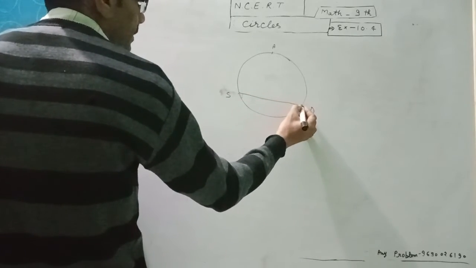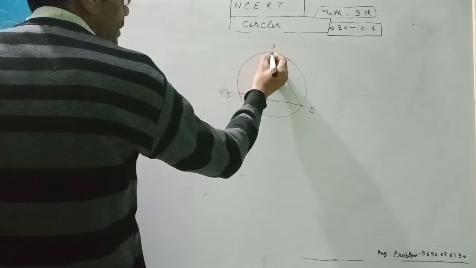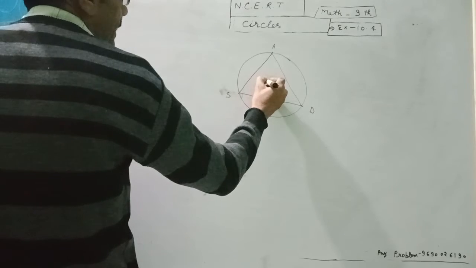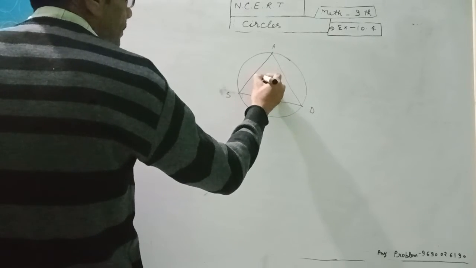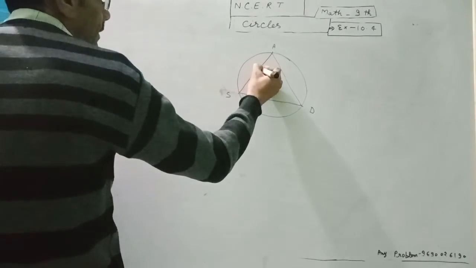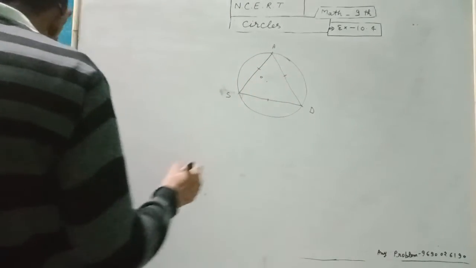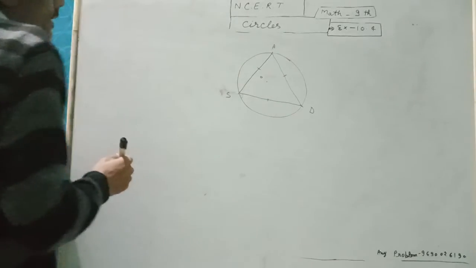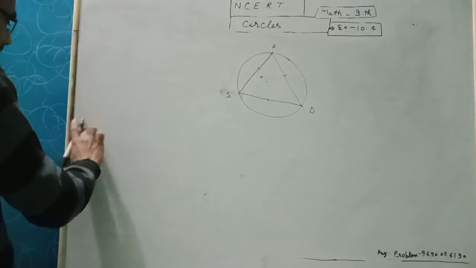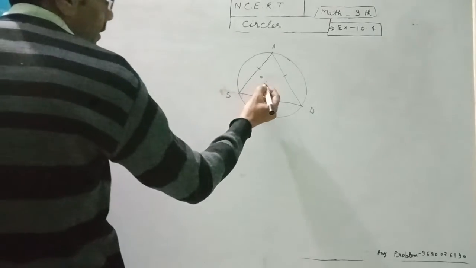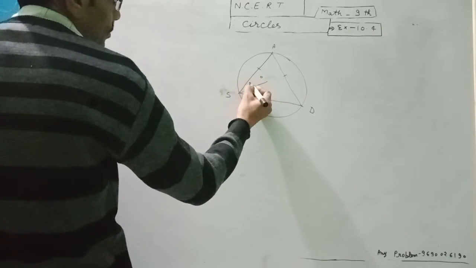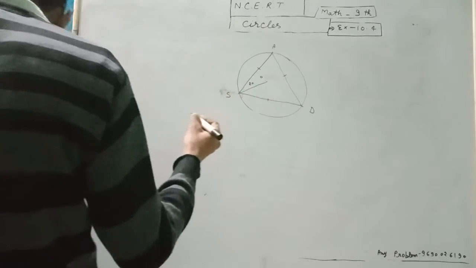The distances between them are equal, and O is the center of the circle. This is an equilateral triangle. Radius of the circle is 20 meter.